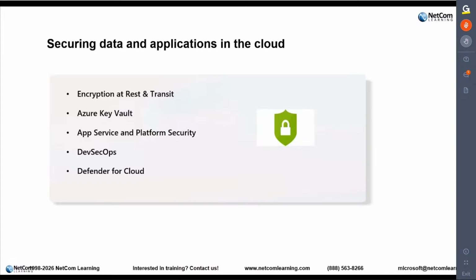So there's DevSecOps, which I would like to combine with Defender for Cloud, because Defender for Cloud also works with DevSecOps. So what they are, as you can guess, DevSecOps is the environment for developers, like DevOps, which also has security features.